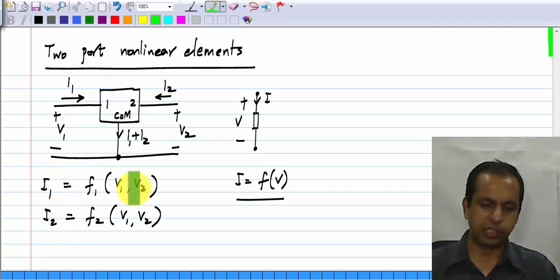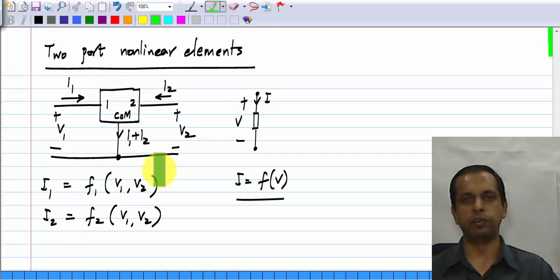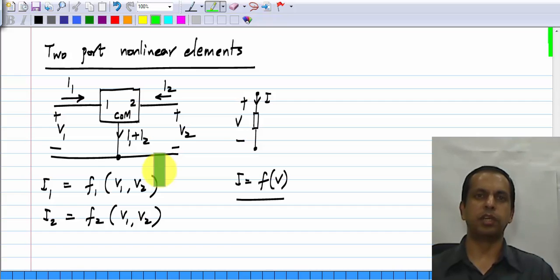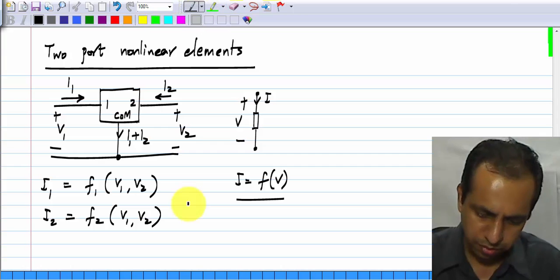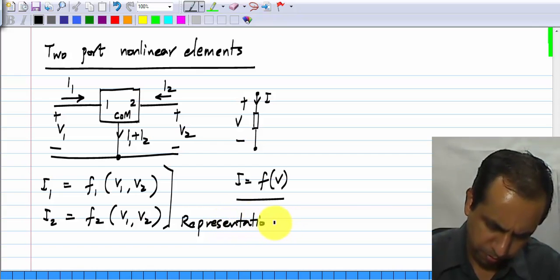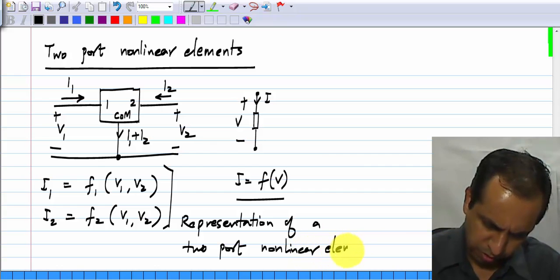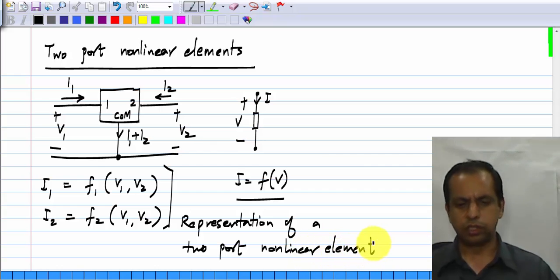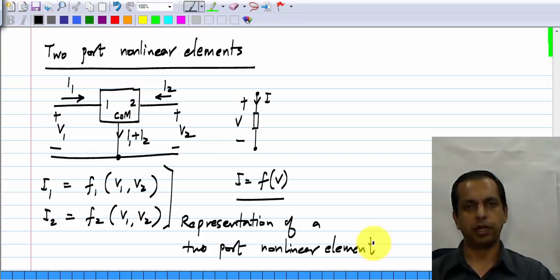We will use currents as functions of voltages, because for the devices that we have now, this is the most relevant representation. So, that is the representation of a two port nonlinear element, two port nonlinearity.